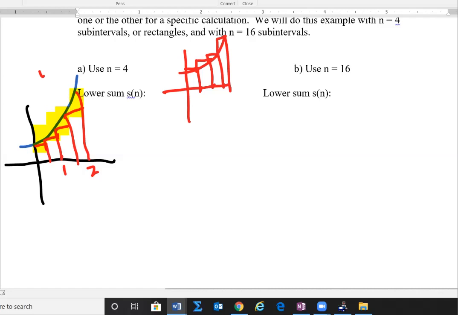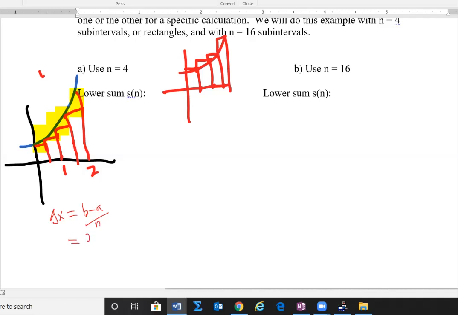Okay, so now each width of these rectangles is the same. We tend to call the width delta x, and in general it's b minus a over n.